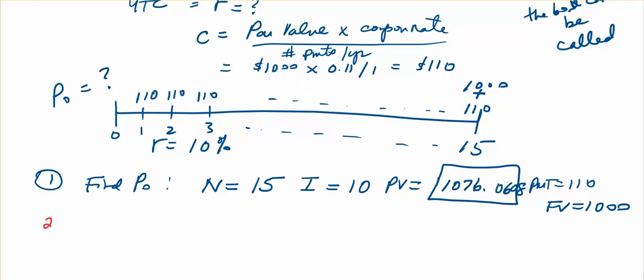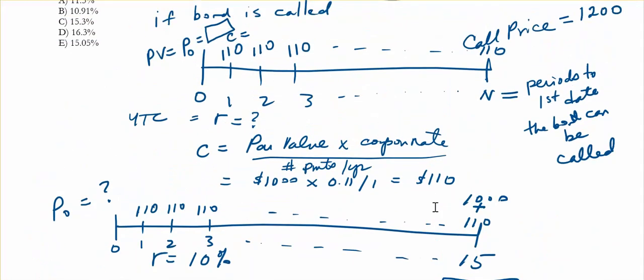Step 2. Find the interest rate, and that's the yield to call. So I'm going to take the price I found here, and I have everything I need to solve for the yield to call.